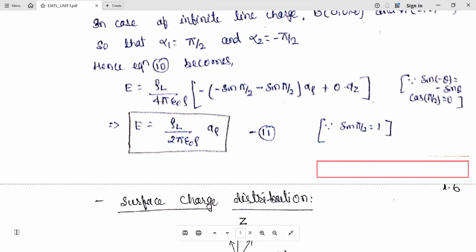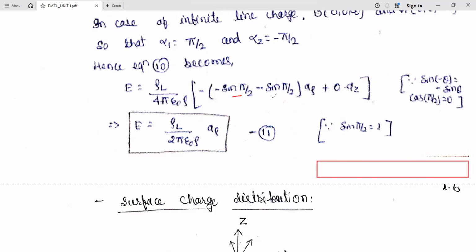What is the value of sine pi by 2? Sine pi by 2 is 0? No, cos pi by 2 is 0. So the sine pi by 2 value is equal to 1. So minus minus plus.